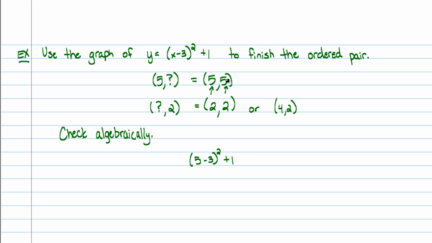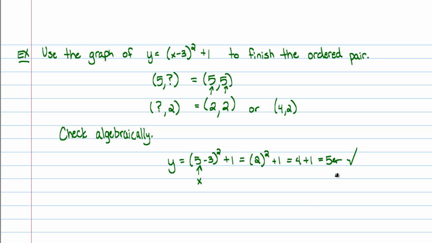Now, remember, we got that value from visual inspection, so if we're slightly off, well, it's kind of forgivable. 5 minus 3, that's a 2. 2 squared is a 4. 4 plus 1 is 5. So when we plugged in 5 for x, our y value became 5.